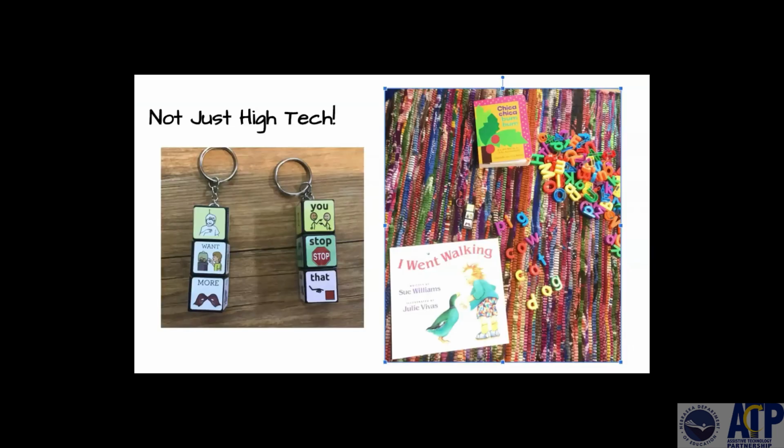In addressing literacy for young children with disabilities, don't forget about low-tech. With keychains that I received as convention swag, a couple of favorite books, and some magnetic letters, I can create an engaging reading experience that families can emulate at home.